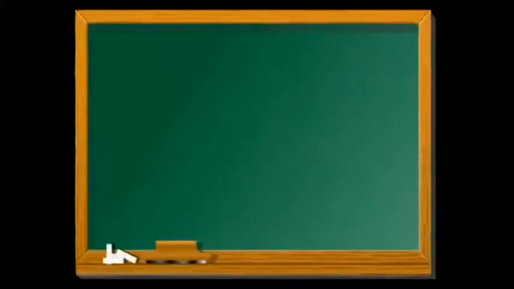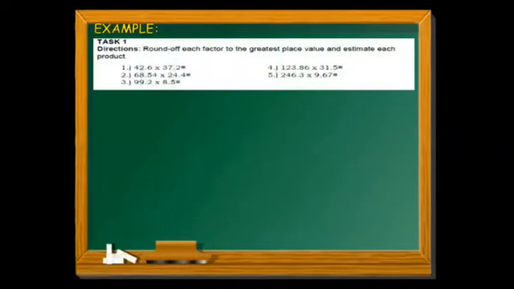Okay. So this one, ito yung nasa module nyo. So sagutan natin tong maybe at least 1 to 5 para at least mayroon kayong idea kung paano nga ba siya mag-multiply talaga ng estimating factor. So task, direction. Round off each factor to the greatest place value and estimate each product.